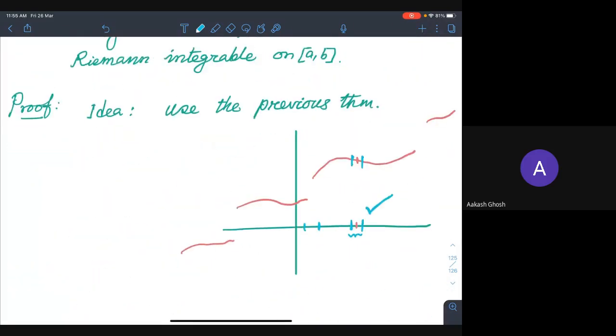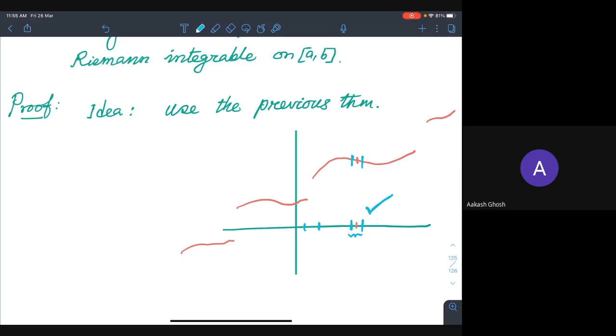Right? If you take the partition to be very small, which means the length of each partition, let's call it delta, should not depend on the point.